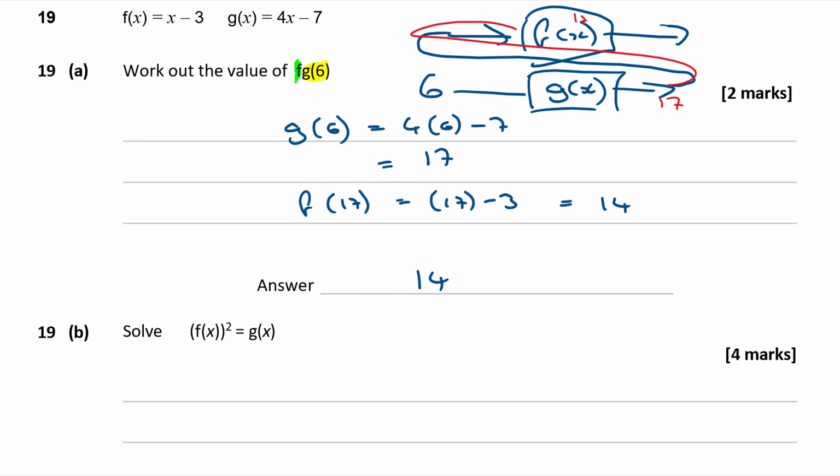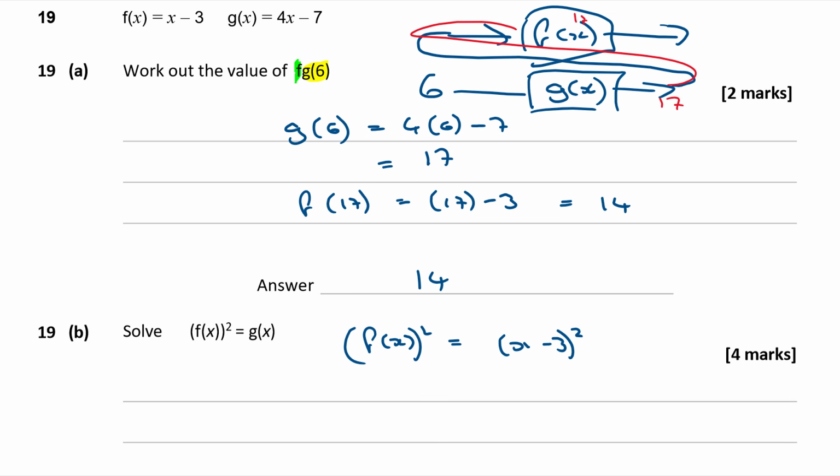Right, and then part B says solve f of x all squared equals g of x. Well, what is f of x all squared to start with? If I've got f of x equals x minus 3, then f of x squared is going to be x minus 3 all squared.